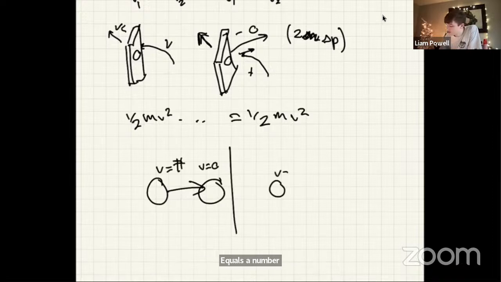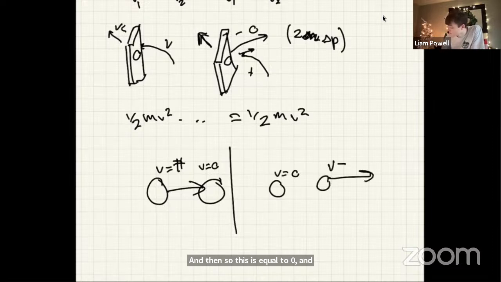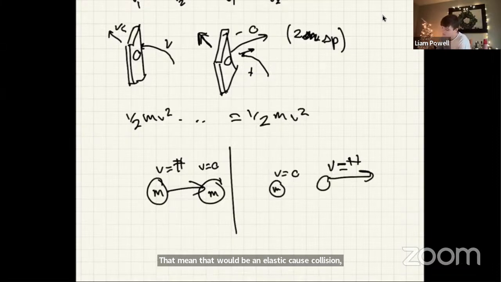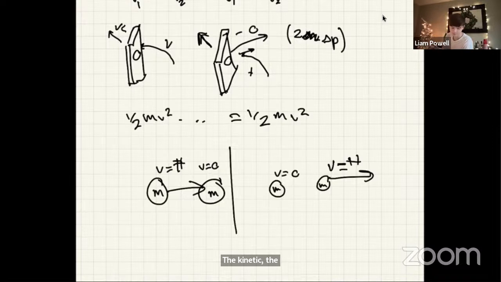That would be an elastic collision, because since they have the same exact mass, the transfer of kinetic energy would be the exact same before and after.